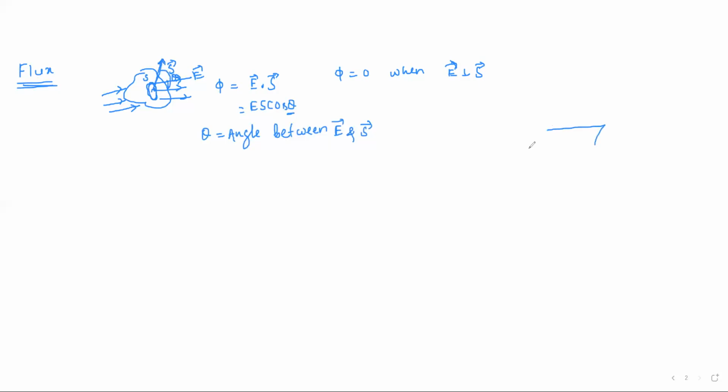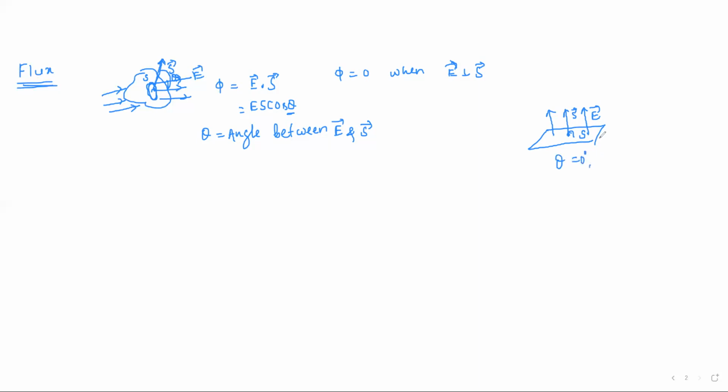Suppose this is a plane, and this is the area vector S, and its direction is perpendicular to the area. And if the electric field lines are in this direction, then in this case theta will be 0 degree.